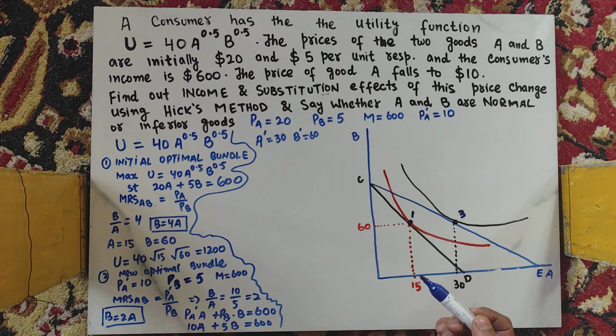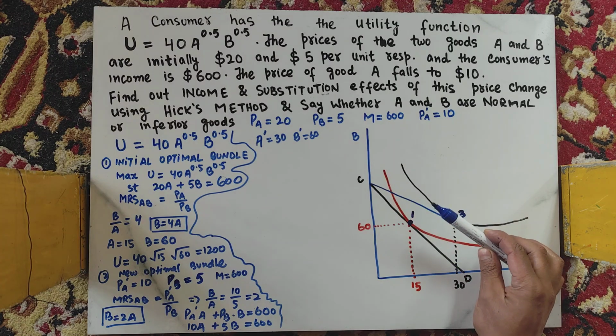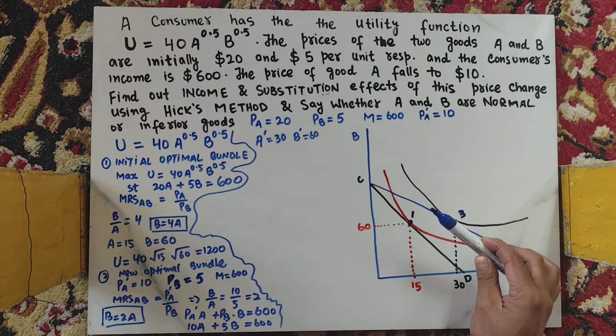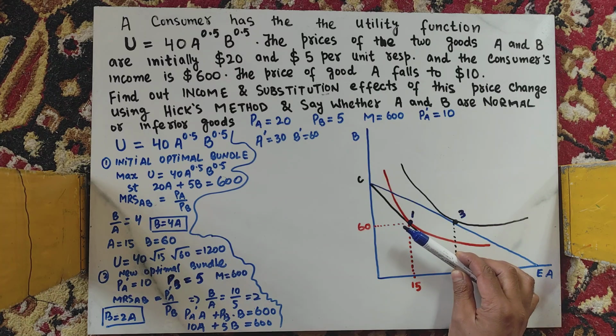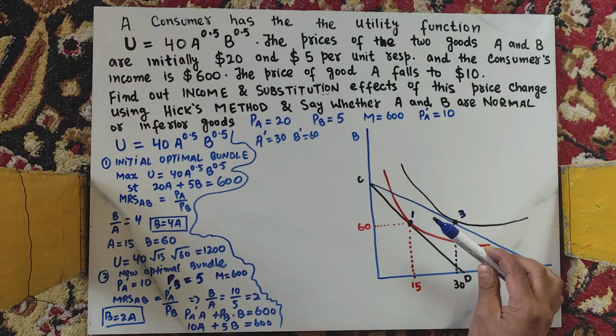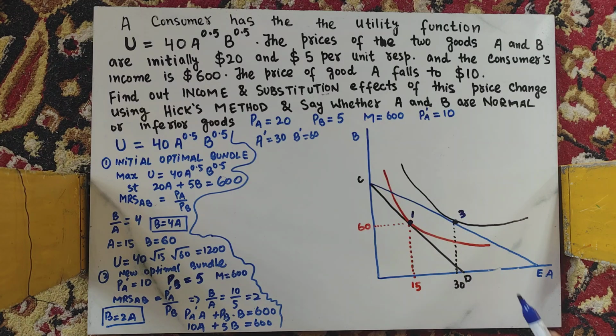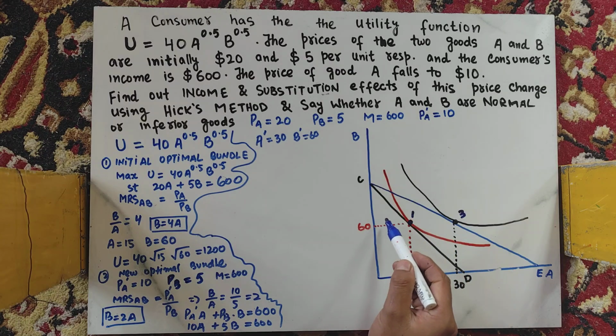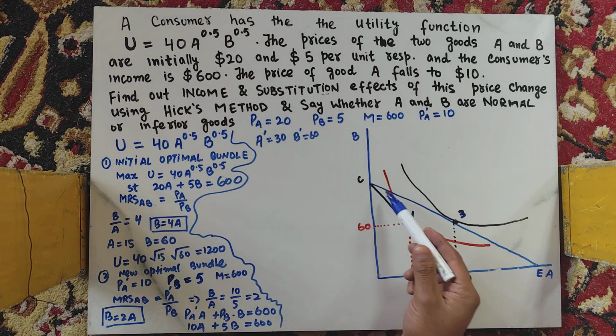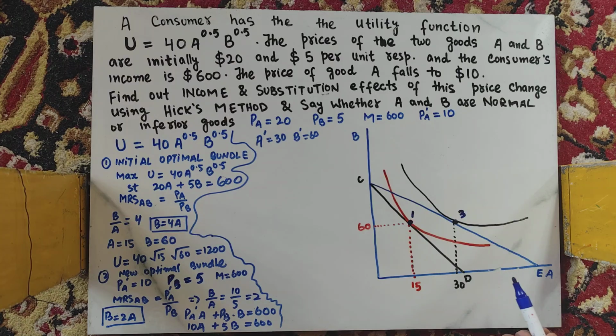We need to find the compensated income that would allow the consumer to achieve the initial utility with new prices. That means the price ratio will remain the same, and we need to find the new compensated income. So let us draw a new line parallel to CE, and I will explain it.